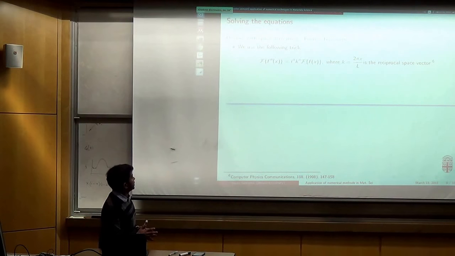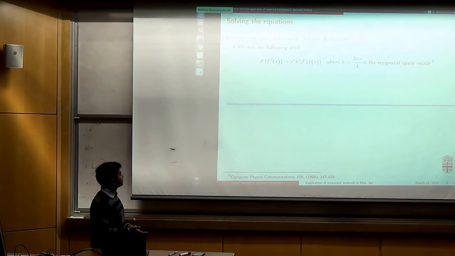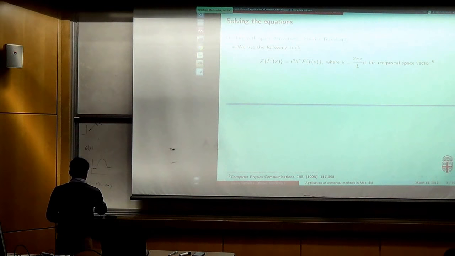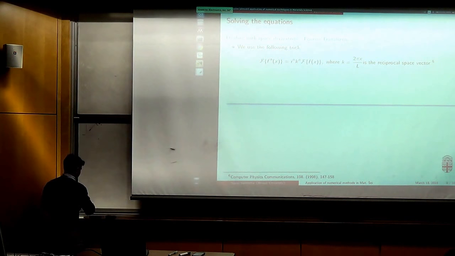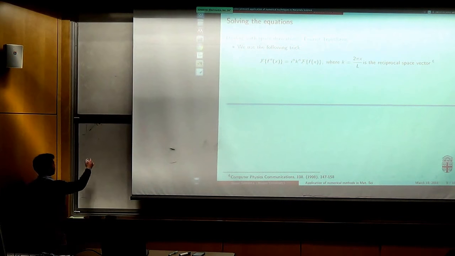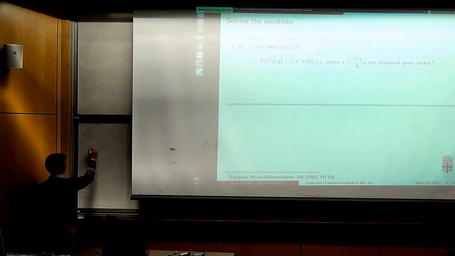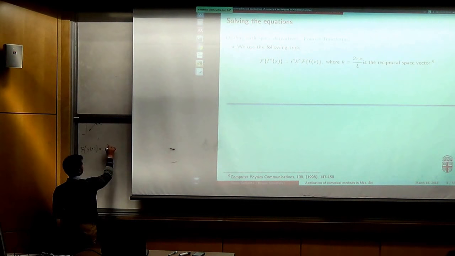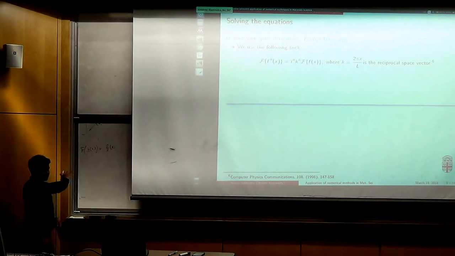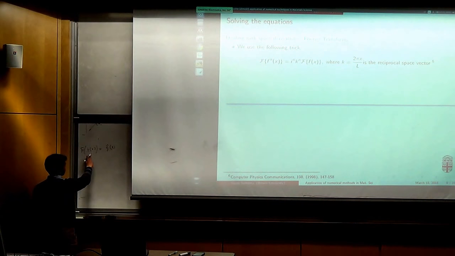Dealing with the space derivatives, that's where Fourier transforms come in. Now, one very neat trick about the Fourier transform is that, say you have a function f of x, you do a Fourier transform of that, and you get a new function which we call g cap of x. G cap of x is the Fourier transform of f of x.